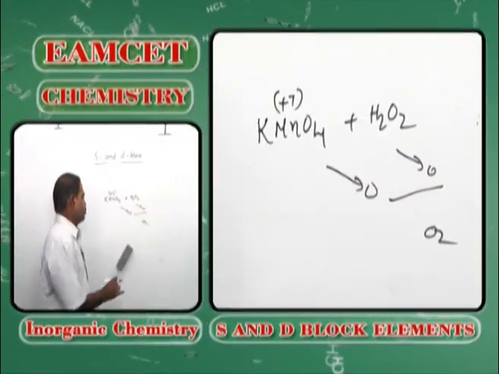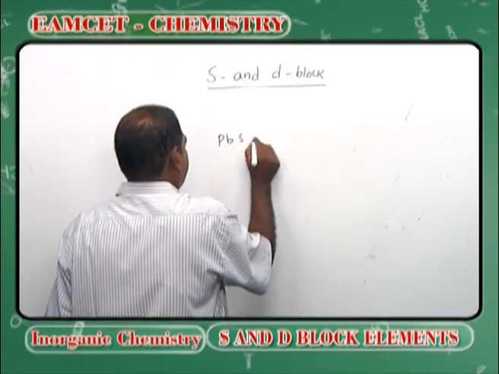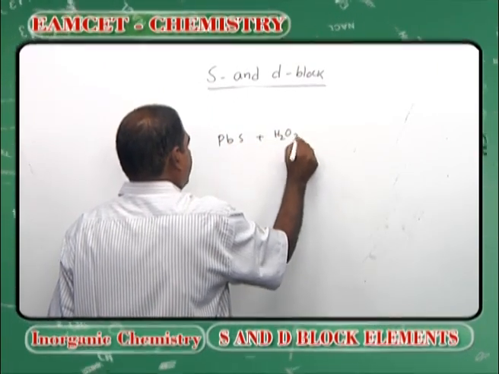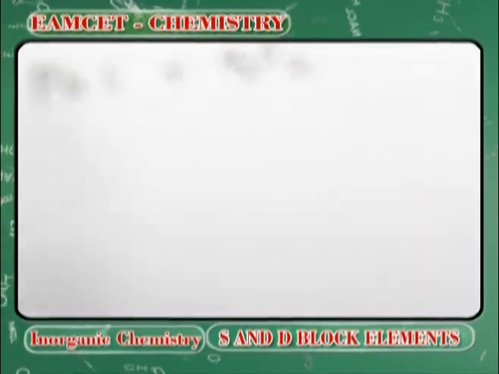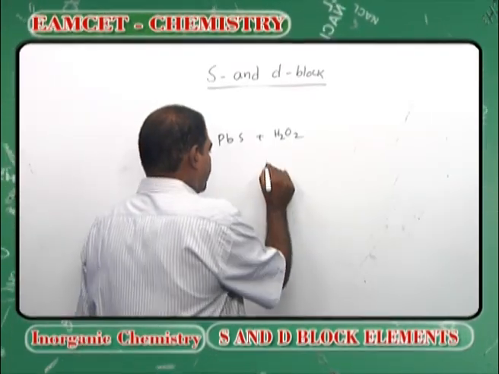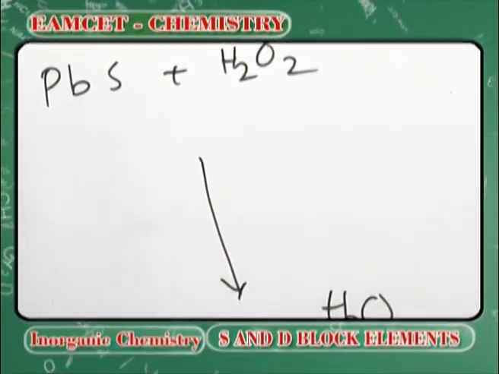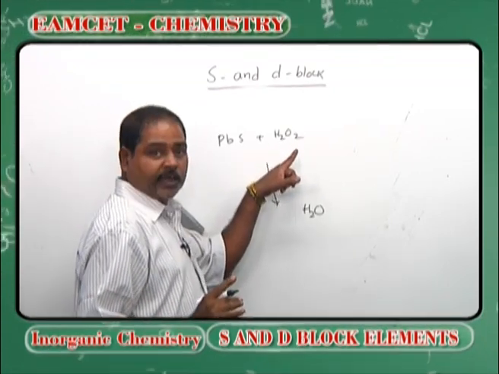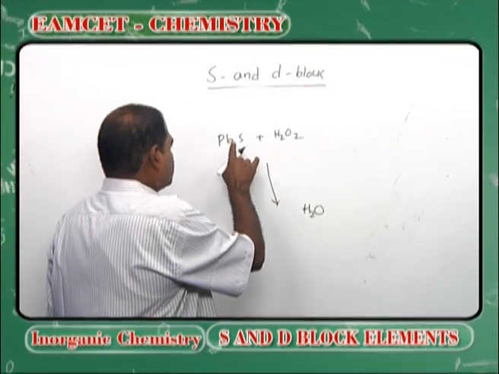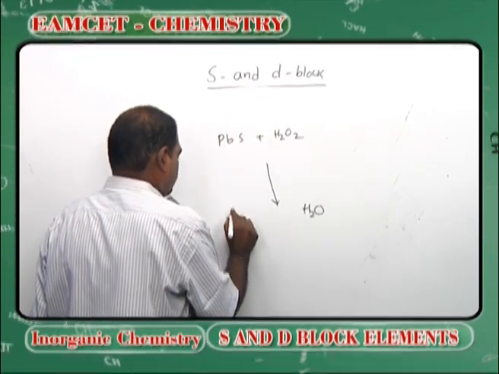PbS plus H2O2, it is a very interesting question. What happens is H2O2 gives oxygen atoms, but only one, mind you. H2O2 wants to become H2O, that's all. So it gives only one oxygen. PbS, non-metals want to go to maximum oxidation state, PbSO4.